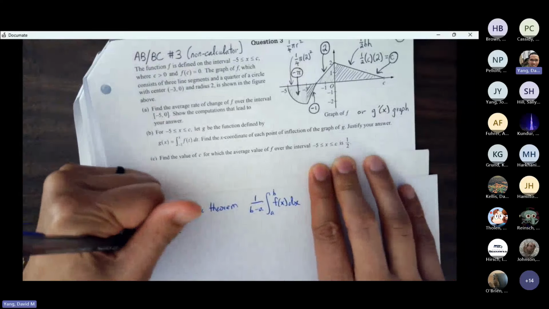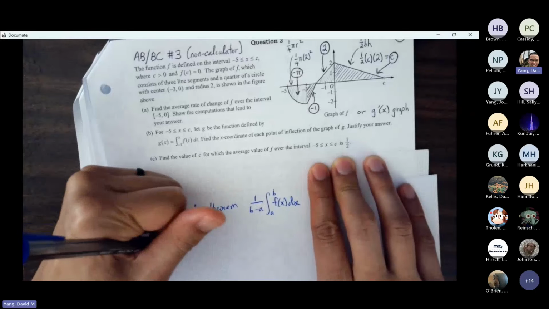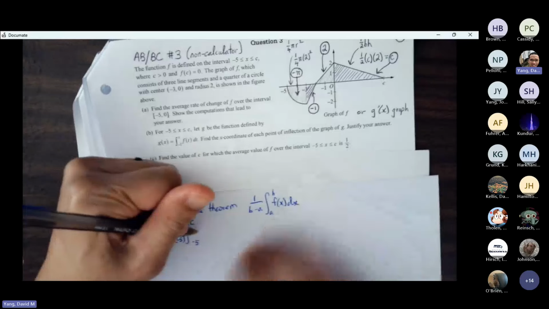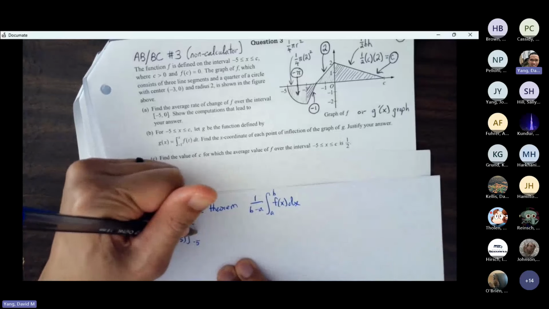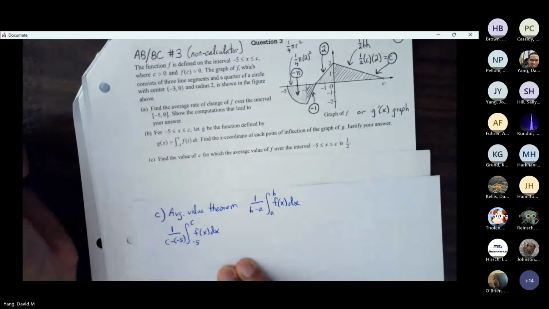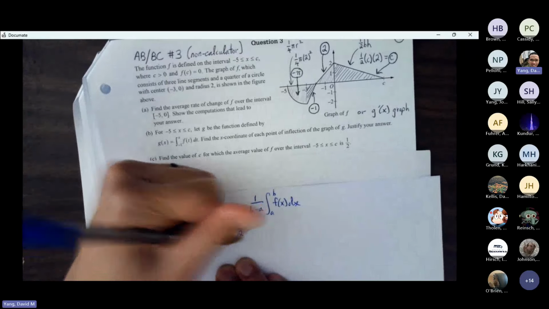So 1 over c minus -5, times the integral from -5 to c of f of x dx. So we know when all this is said and done, our average value is equal to 1/2.